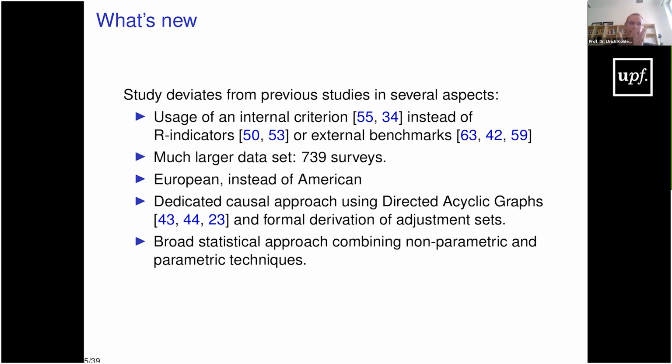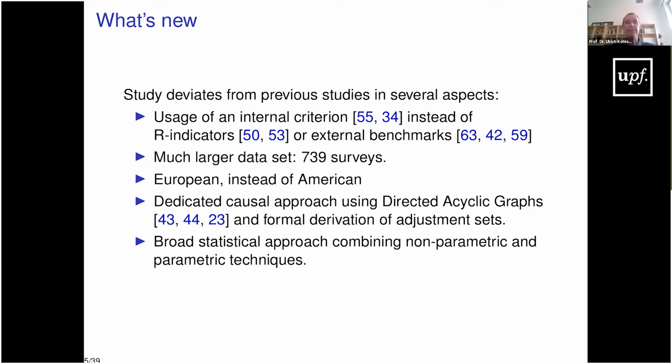Each has its pros and cons. We don't want to go into the details of this discussion, but just look into the paper for this. One advantage of the internal criterion is, of course, that it is much easier to calculate or to estimate, and that gives us a much larger data set than all the previous studies.